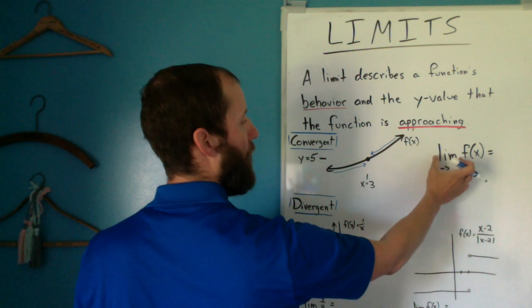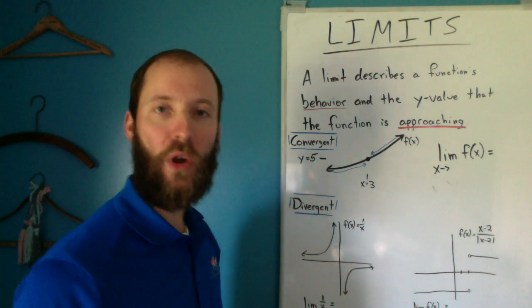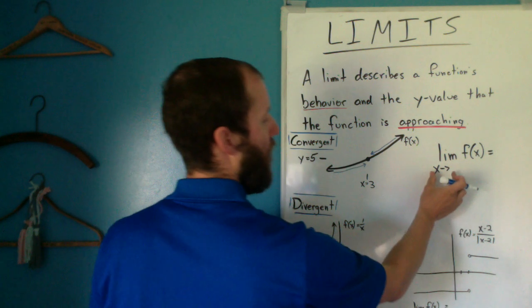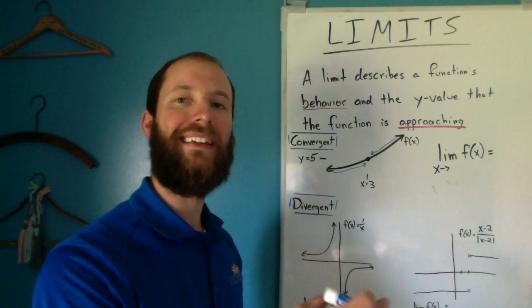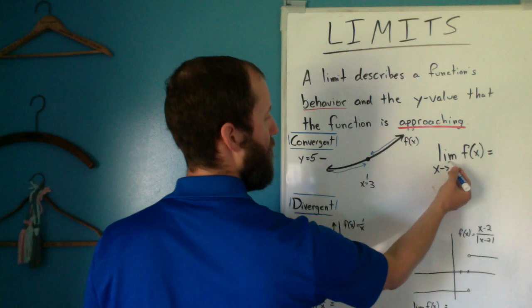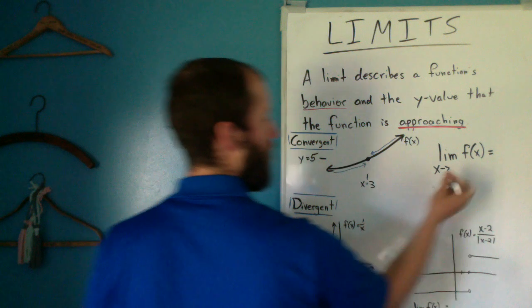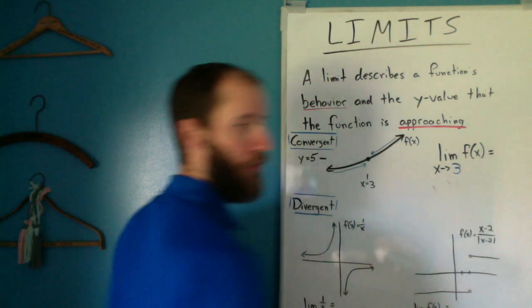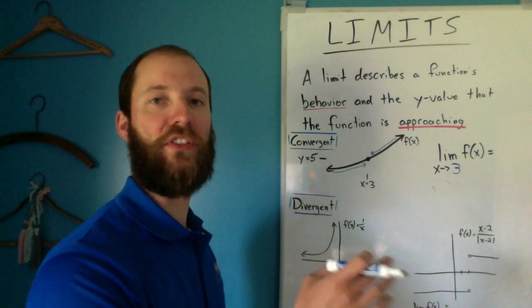So we can talk about the limit of this function f of x, the limit, the behavior, where is it going? Now, x is still your independent variable. You plug in x values and get y values. So it's the limit as x approaches 3. The limit of f of x as x approaches 3.